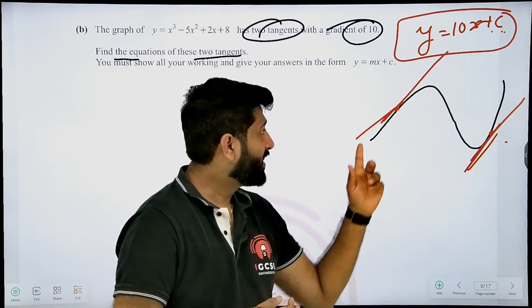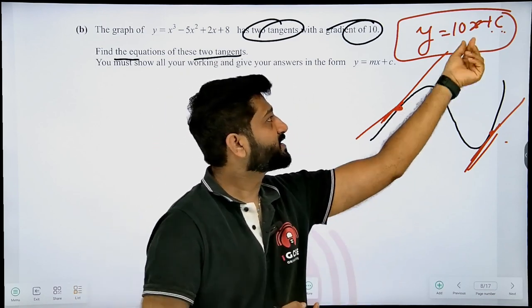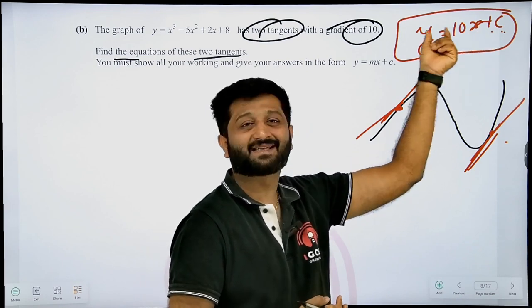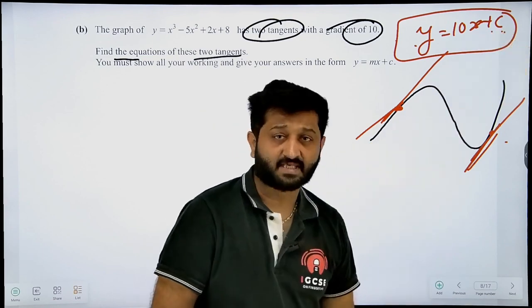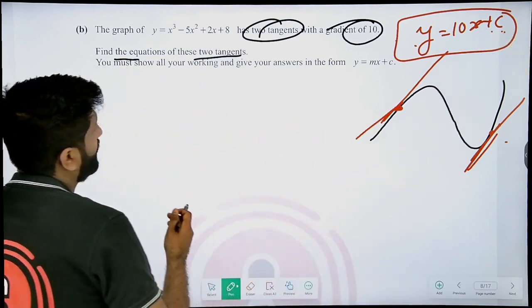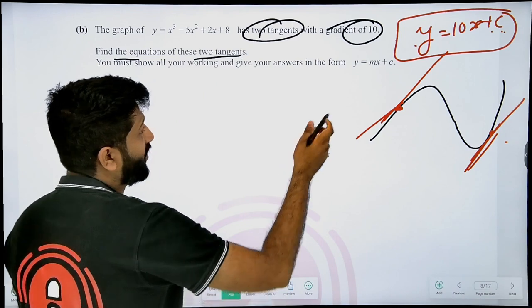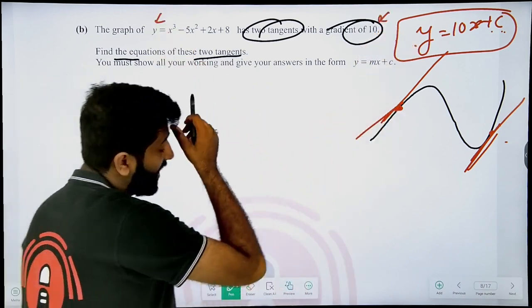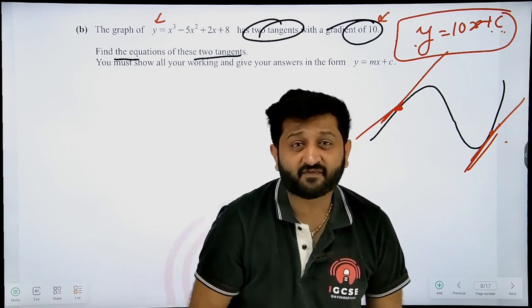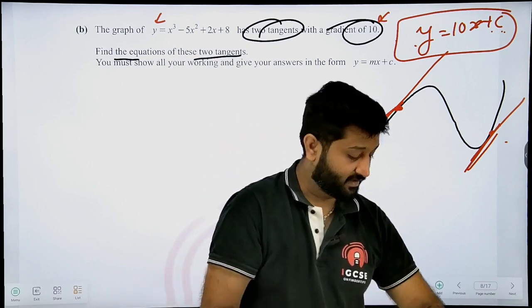If I know that the tangent is passing through this x and this y, then I can substitute the values of x and y in order to find c. Right. So see, I already know that the gradient is 10. I know this is the equation of the curve. How do you find the gradient of the curve? By doing dy by dx. Right. What is dy by dx?